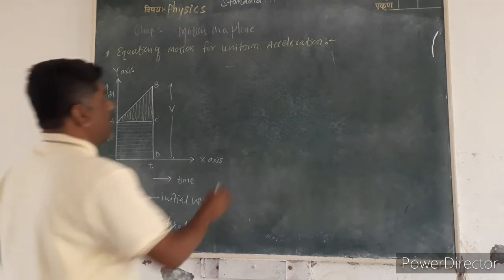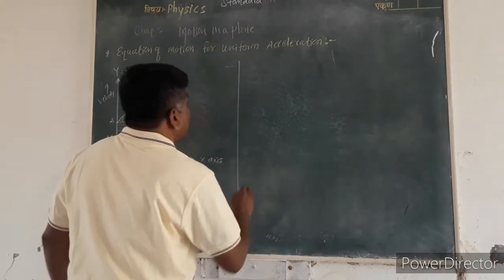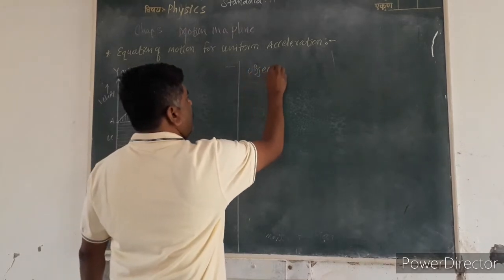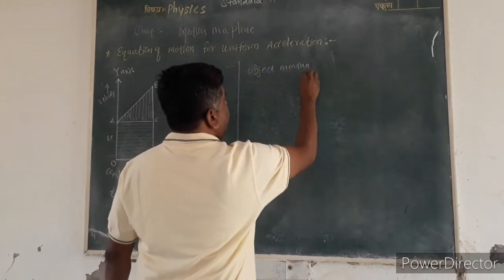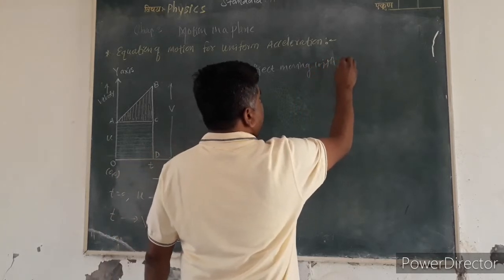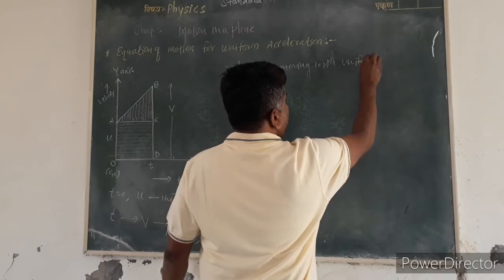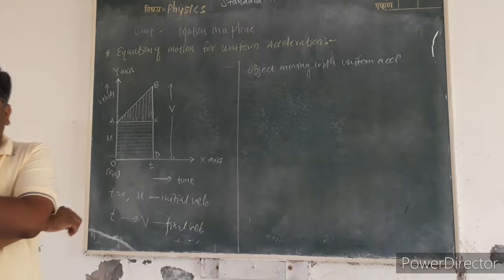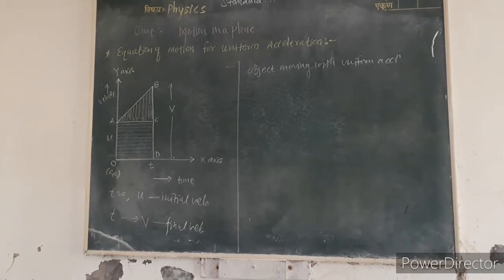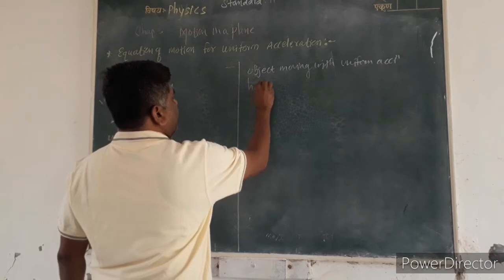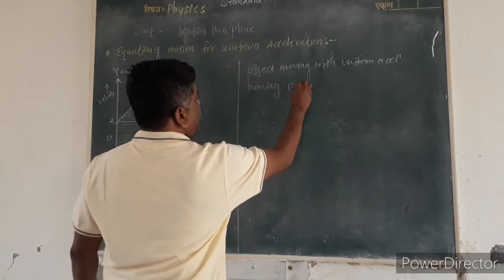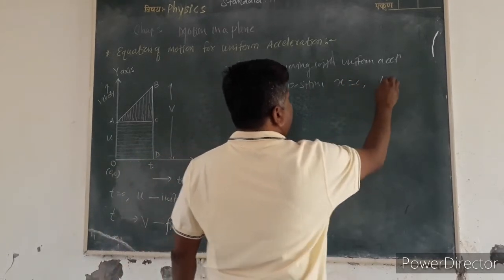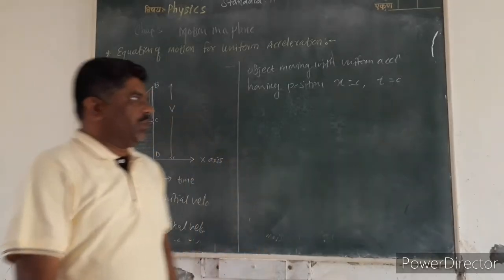Now, in the graph, the body or object is moving with uniform acceleration, and the body has position x equal to 0 at t equal to 0.